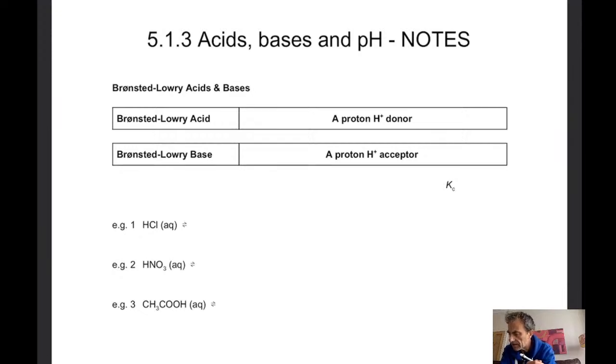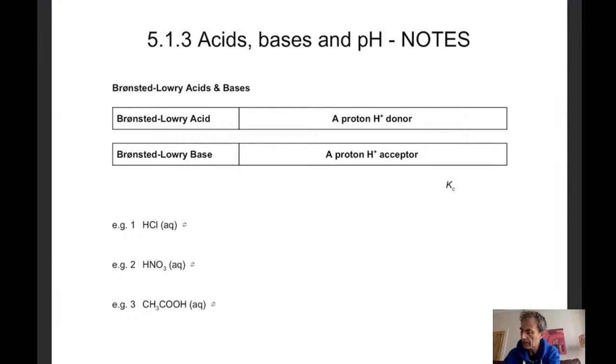So acids, bases and pH. The first thing we'll do is define what's called a Bronsted-Lowry acid and base. There's various definitions for acids and bases. You can have a Lewis acid and base, for example, but Bronsted-Lowry is the definition that's used at A level. That's just the surnames of two chemists.